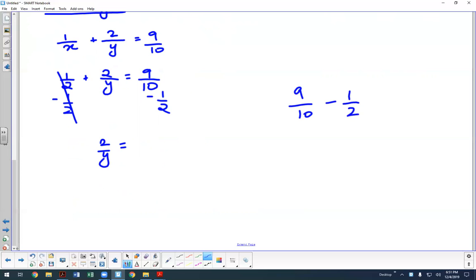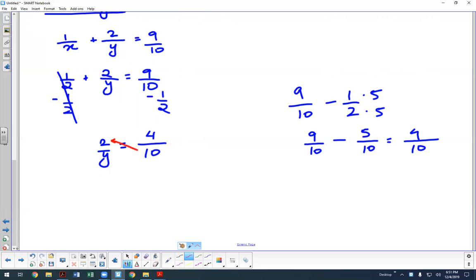What should we do to subtract 9/10 minus 1/2? Yeah, get a common denominator, so multiply this fraction by 5. Once you have your common denominator, you can subtract, which will give us 4 out of 10. Very good. Same thing, cross multiply.